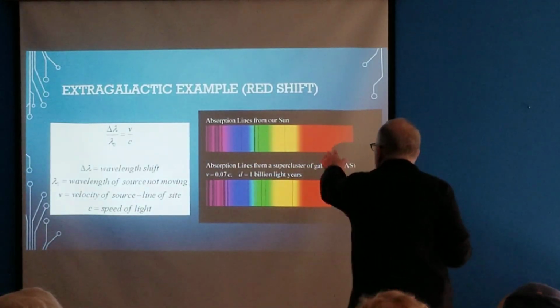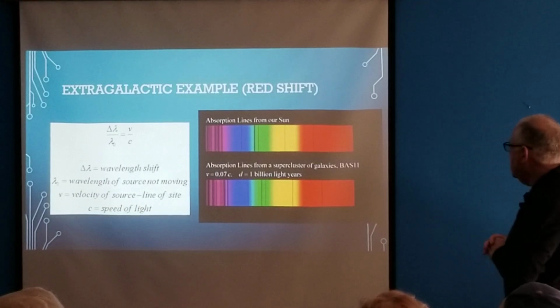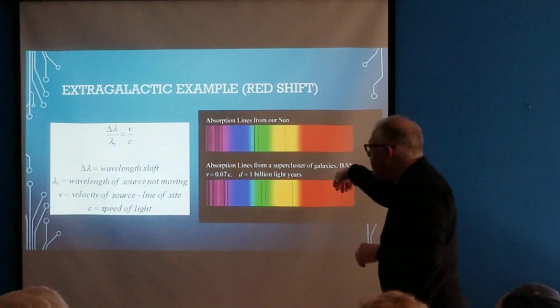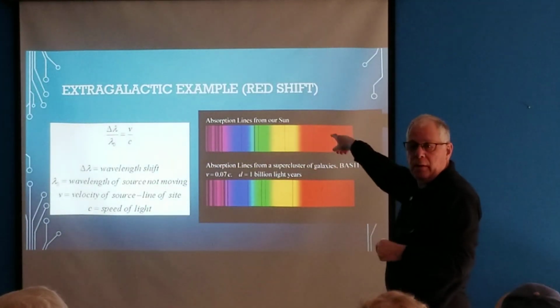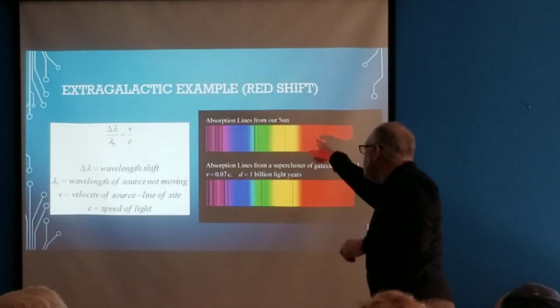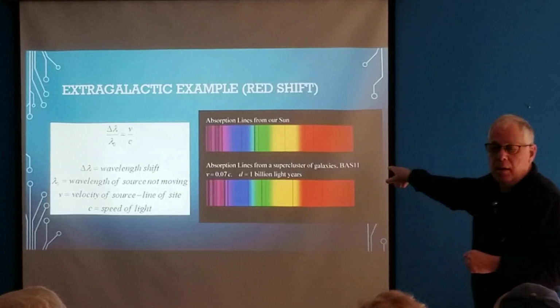And so here's a spectrum of the sun. Here's a spectrum of a group of galaxies a billion light years away. Let's just look at the red part of the spectrum. And you see a hydrogen alpha line there, for those that have the spectral camera telescopes. And you see it shifting by that amount, okay?